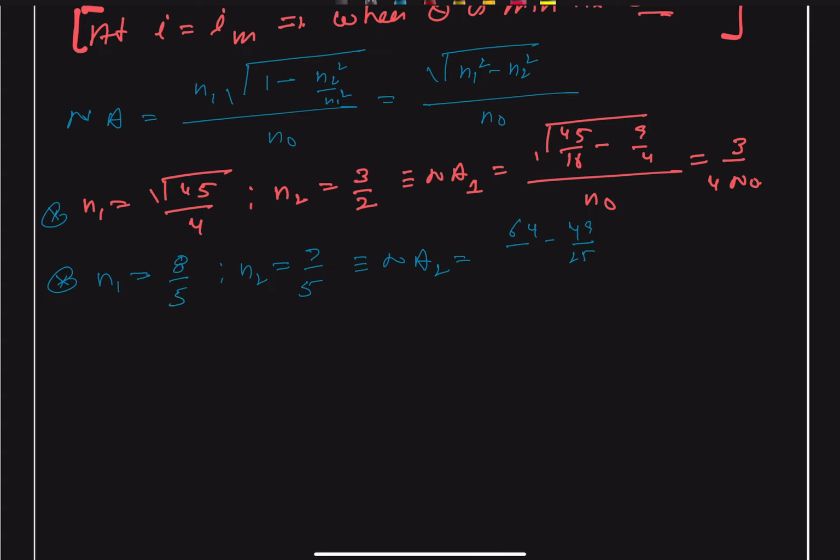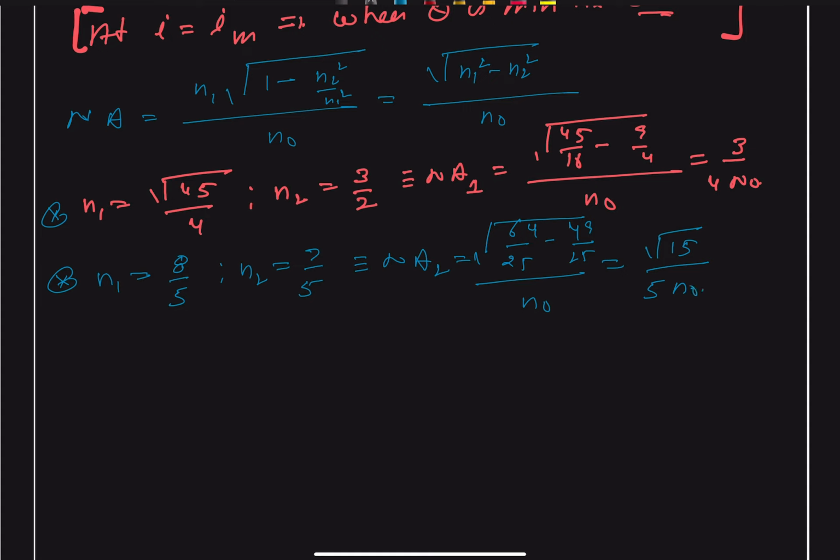So we get the square root of 15 divided by 5 times n0.